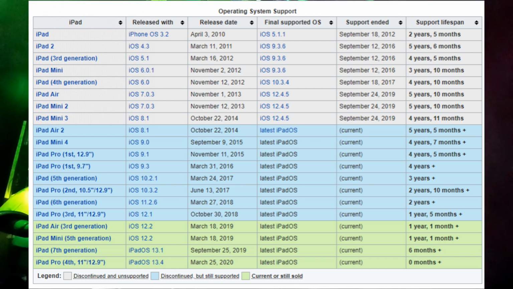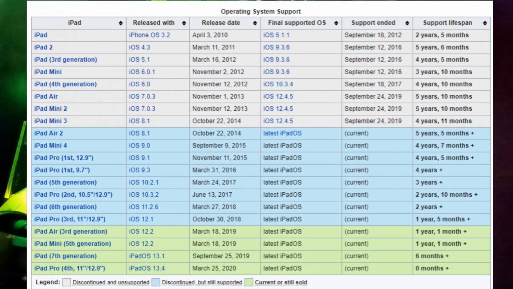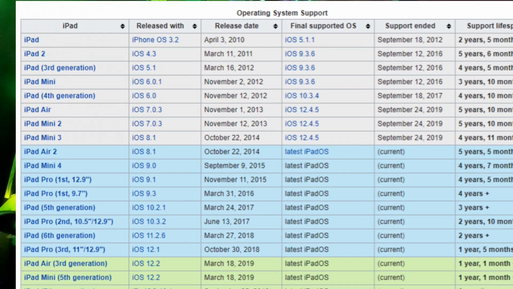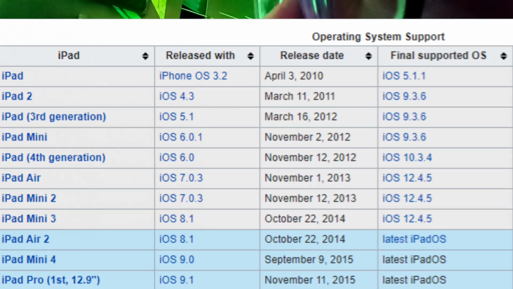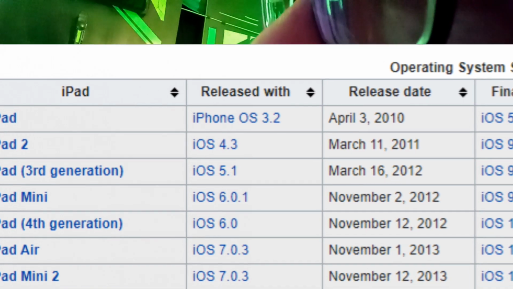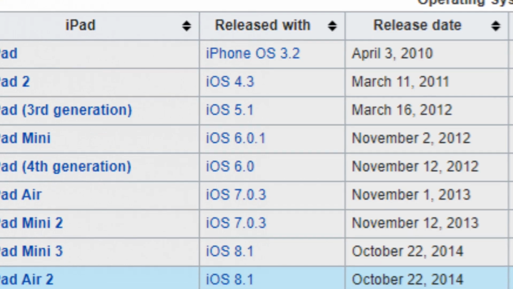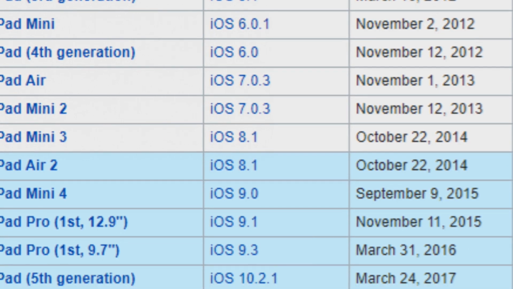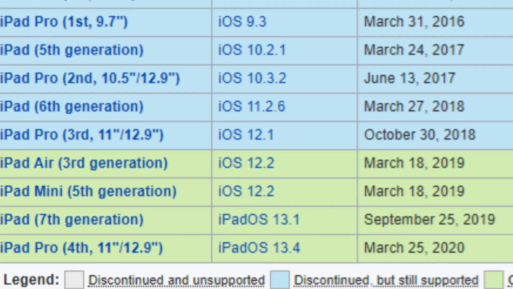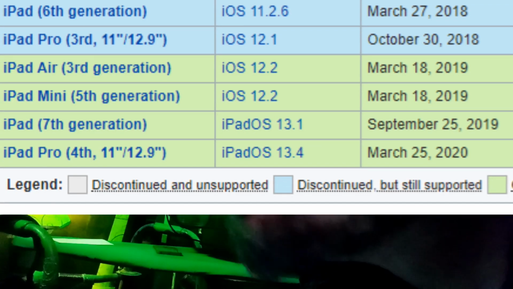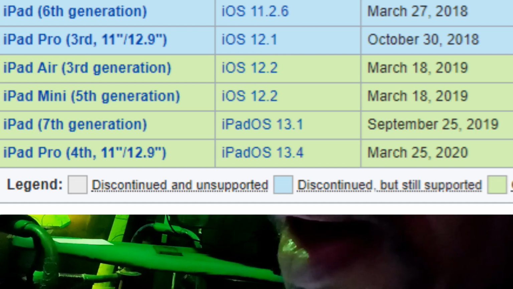This chart right here is a graphic that shows you all of the iPads and when they came out, going all the way back to the very first one in 2010, the first generation of the iPad, and going all the way up to the most recent one as of the time of this video being filmed in 2020.